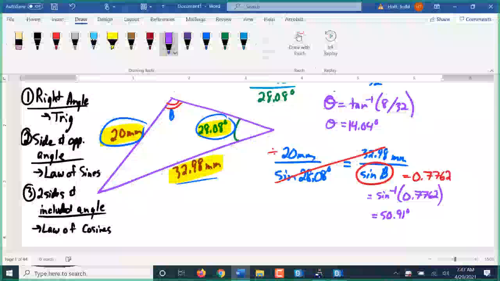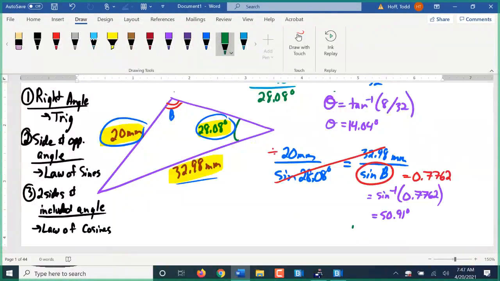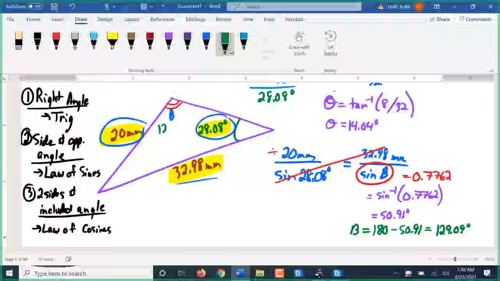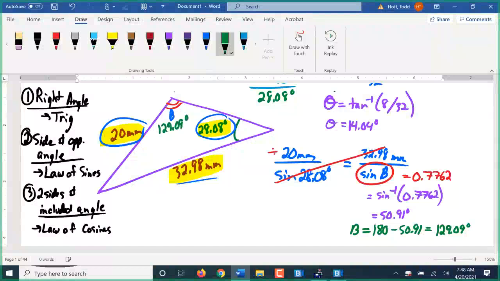But notice I did not put B equals there because that is not angle B. How do I find angle B here? Because it's an obtuse angle, we have to find the supplement. It's 180 minus the 50.91. That's 129.09 degrees.